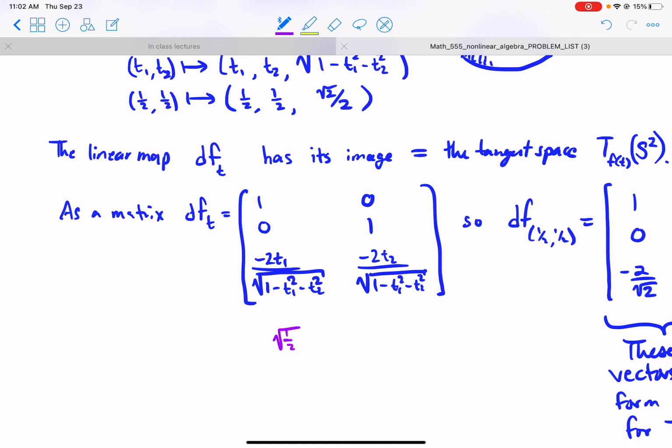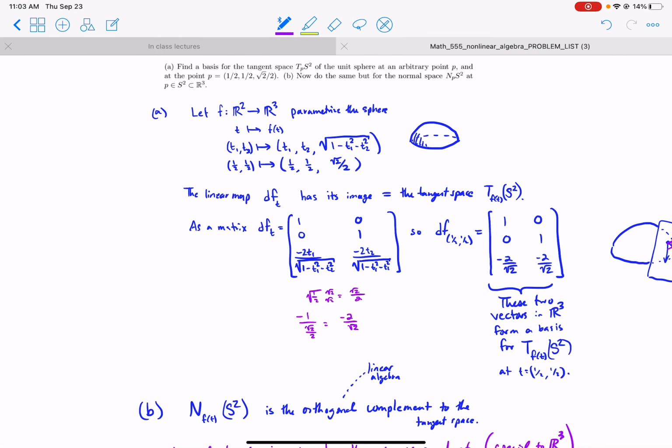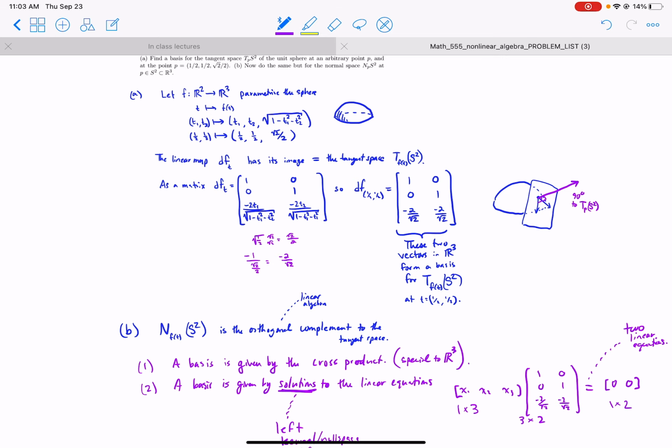If I multiply the top by root 2 and the bottom by root 2, I get root 2 over 2. And then up here I had a minus 2 times 1/2, which is the same as minus 2 over root 2. Okay, that seems correct.